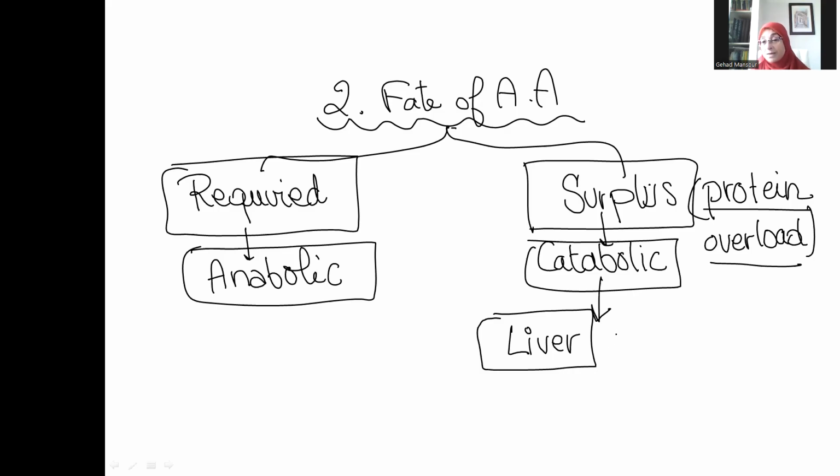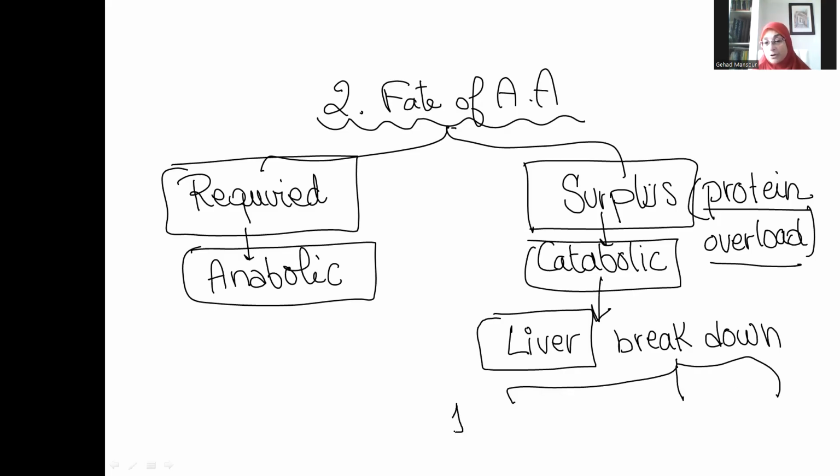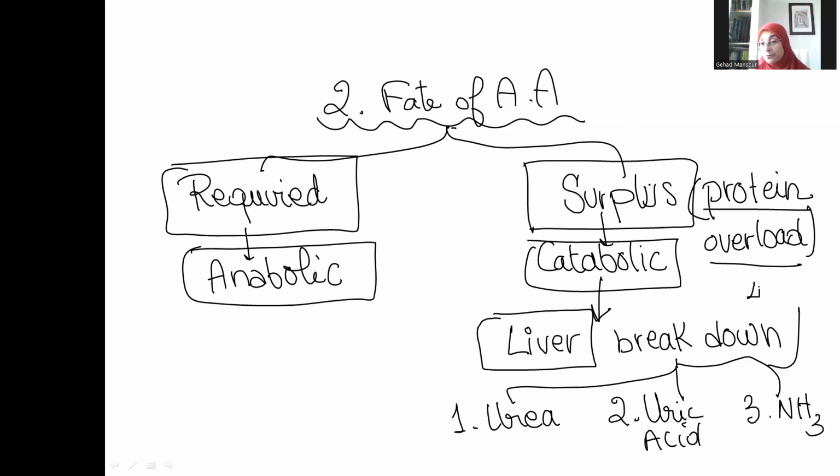It will break down those amino acids, and we will get 3 major breakdown products, which are number 1, urea, number 2, uric acid, number 3, ammonia, and number 4, creatinine, not creatine, creatinine.